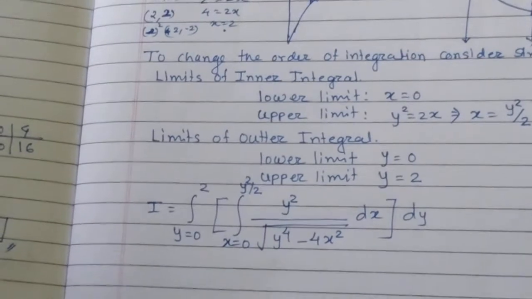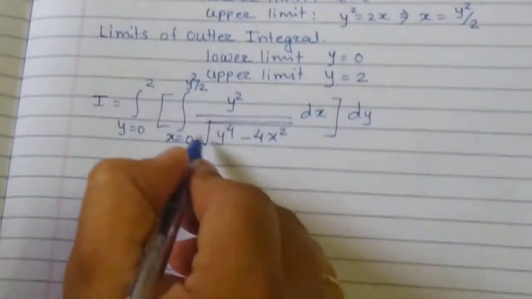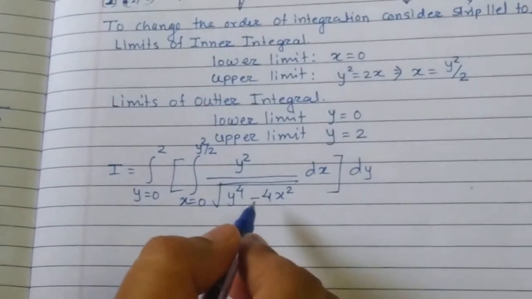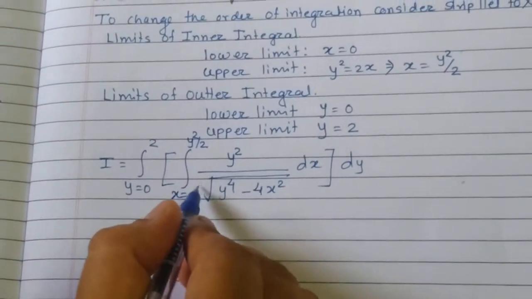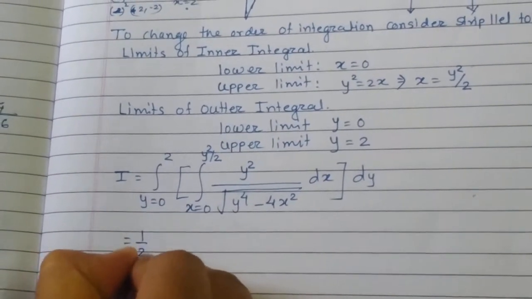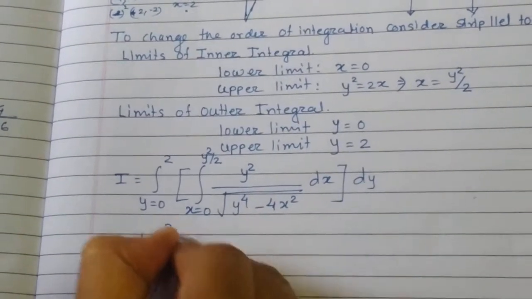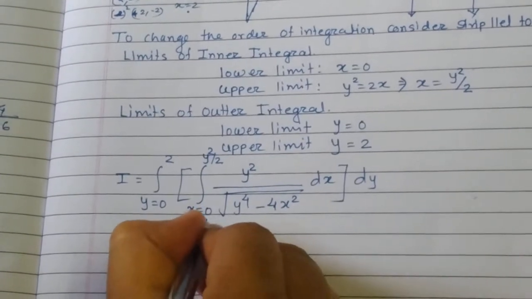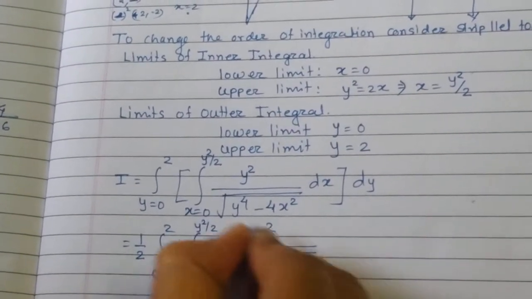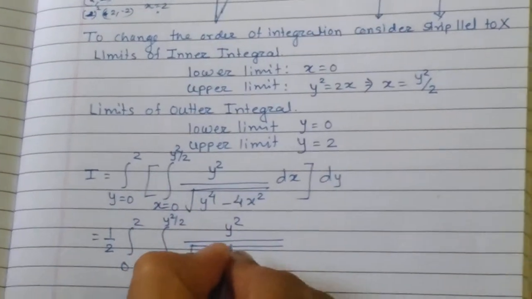Okay. Now what I am doing is I am taking this 4 outside of this square root. The square root of 4 is 2, so I am taking 1 by 2 outside of the integral sign. 1 by 2 integration from 0 to 2, integration from 0 to y square upon 2, y square divided by square root of, this y raised to 4 I will write as (y square) square.